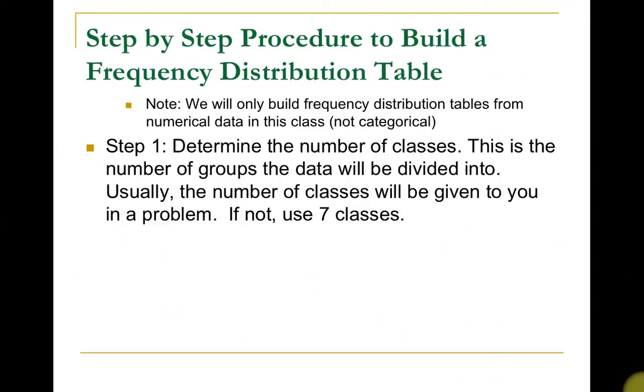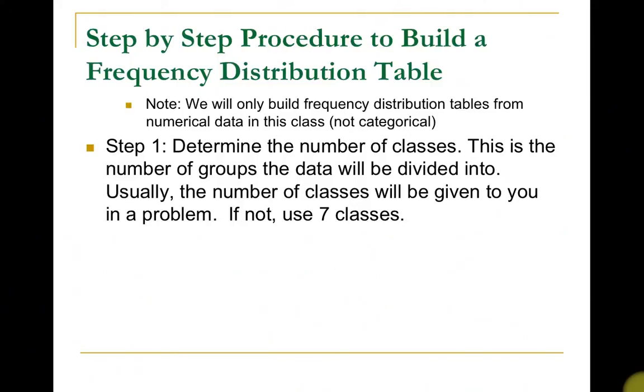The first step is to determine how many classes you are going to be creating. Now the classes then translate into the number of rows of the frequency distribution table. This is the number of groups the data will be divided into. Usually the number of classes will be given to you in a problem. If not, use 7. So when we read a problem that asks us to build a frequency distribution table, we'll have to take note of how many classes were asked.